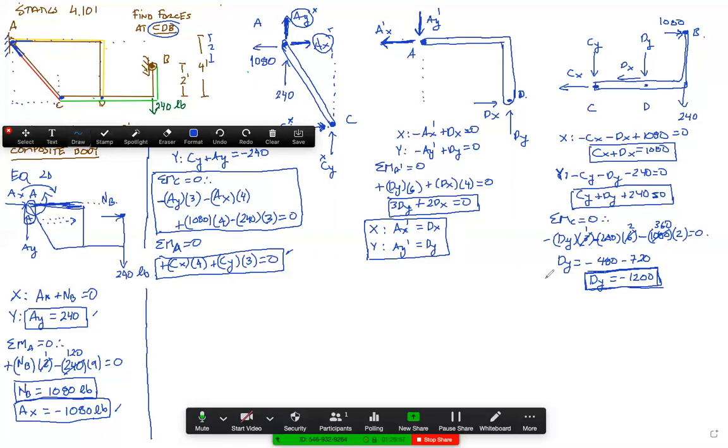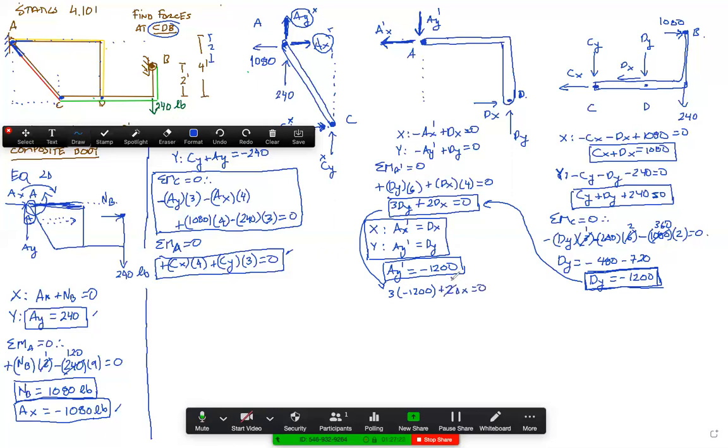Well, from here I can also write that AY equals minus 1200. Yeah, minus 1200. So you already have one of them. Now from here, I can also use this one and say 3 times minus 1200 plus 2 dx should equal 0.